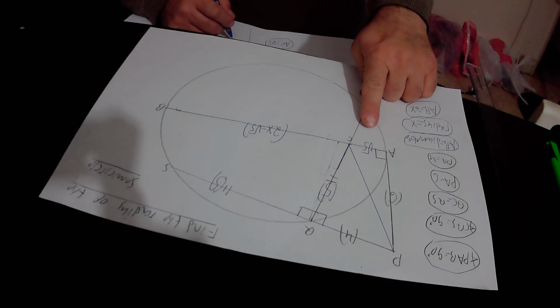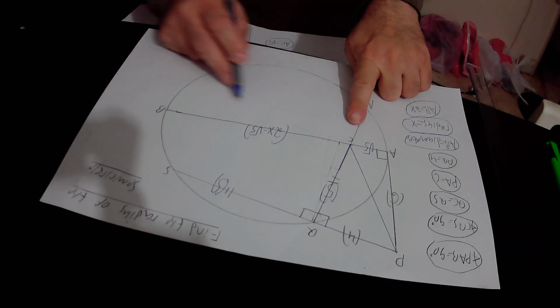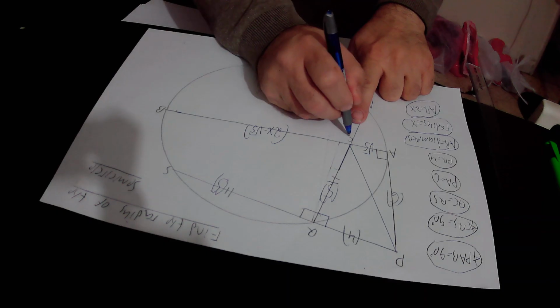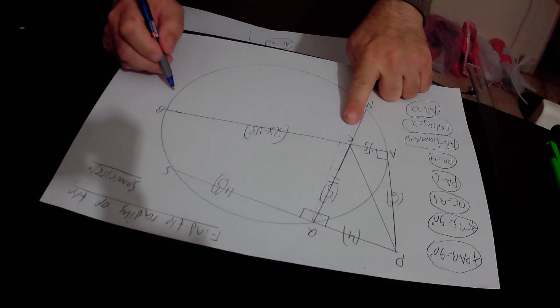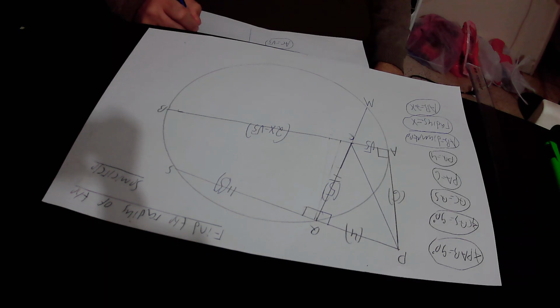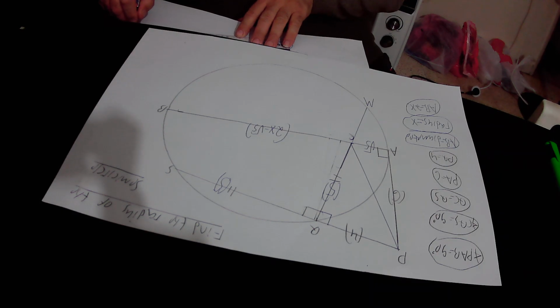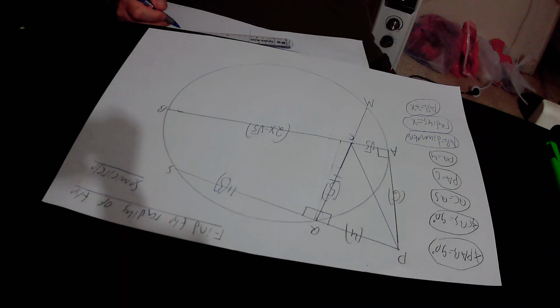AC equals square root of 5 times CB. CB equals 2x minus square root of 5, and it equals QC.